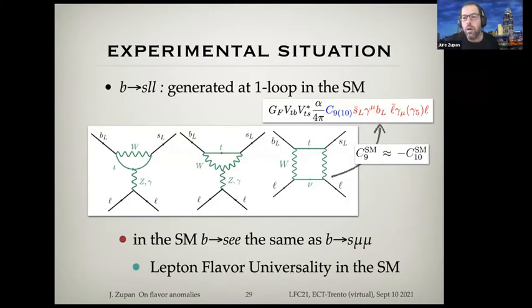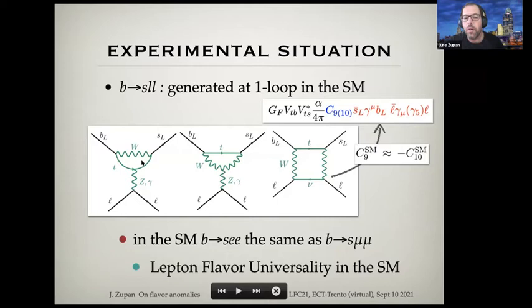All right, so we'll go over the experimental situation quickly. I need a little bit of the notation. In the standard model, these transitions are generated at one loop.